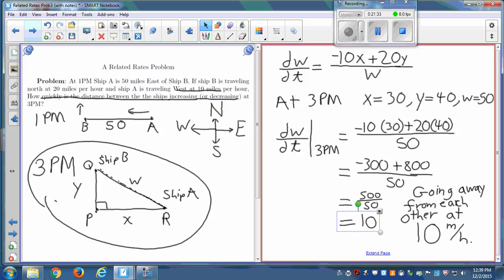In other words, the distance between the ships, in this case, is increasing. They're going apart from each other, going away from each other. And so that's the solution to the problem.